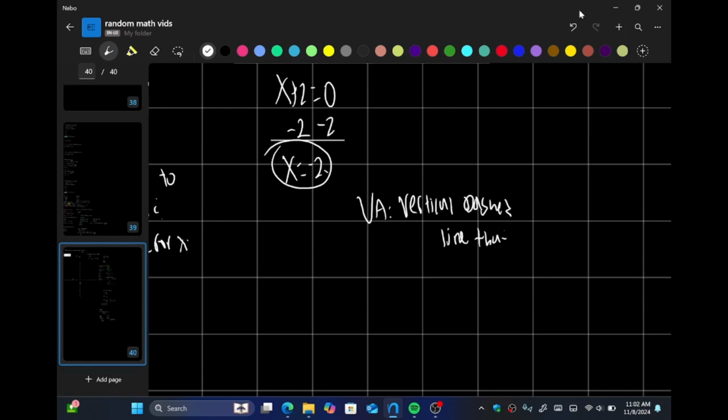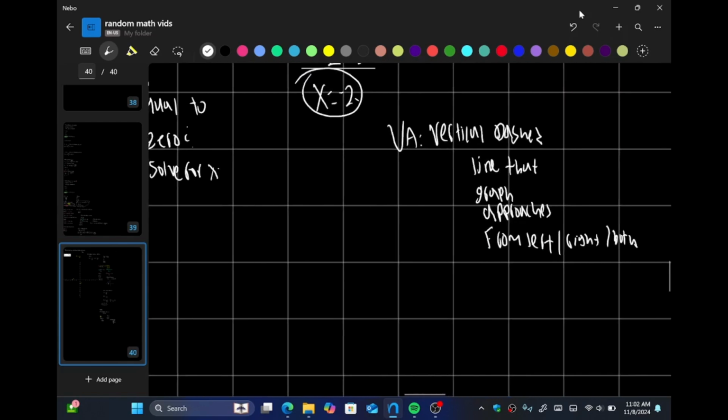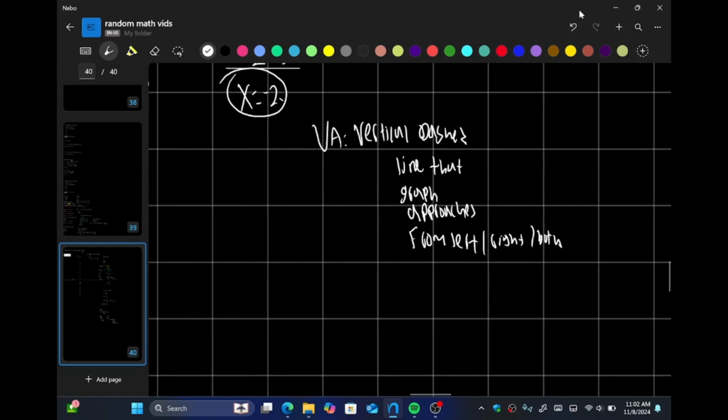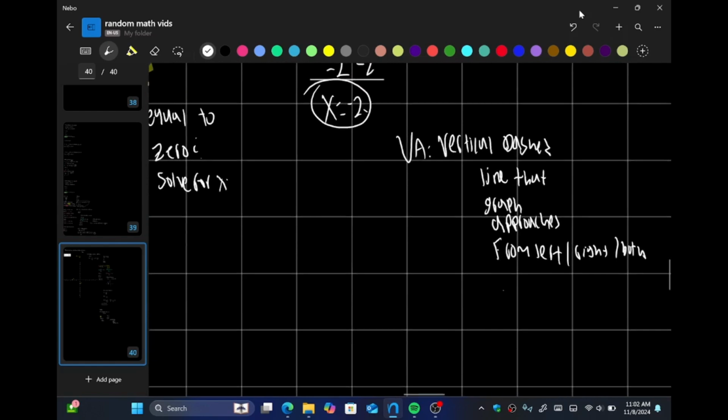that the graph approaches from left or right or both, but does not touch.